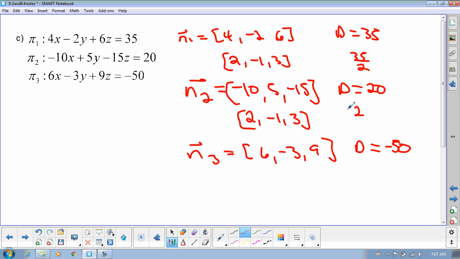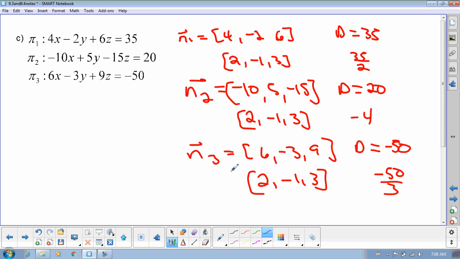And I have 20. 20 divided by negative 5 is going to be negative 4. And then I'm going to divide by 3, yep, 3 works. So I have 2, negative 1 and 3, and negative 50 over 3.